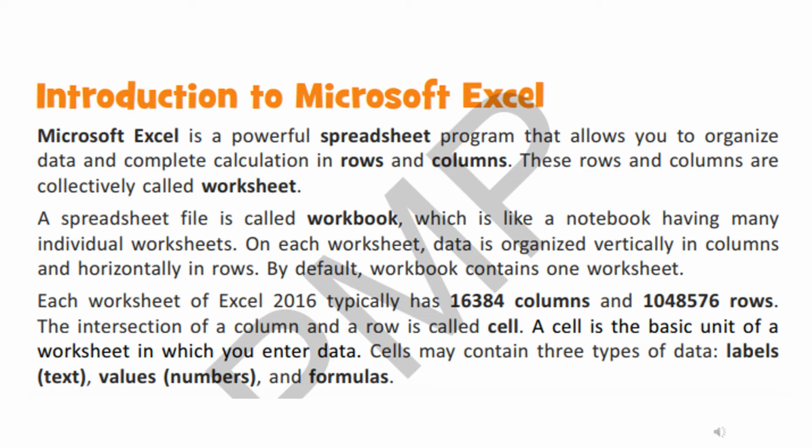On each worksheet, data is organized vertically in columns and horizontally in rows. Columns are named with alphabets and rows are named with numbers. By default, a workbook contains one worksheet. Children, in each worksheet we have 16,384 columns and 10,48,576 rows.